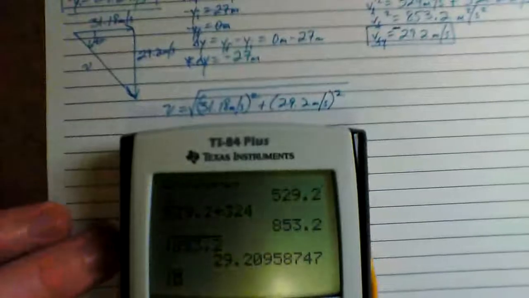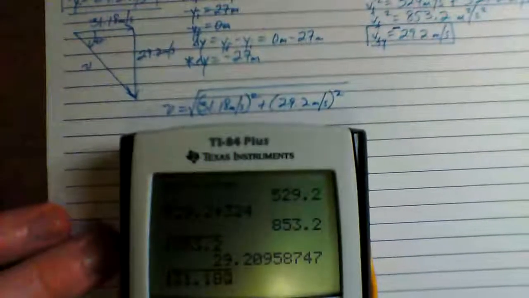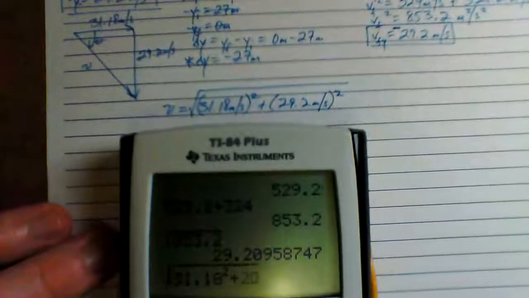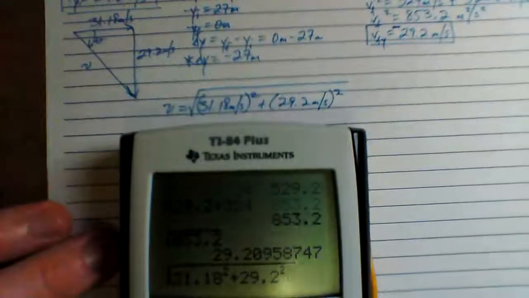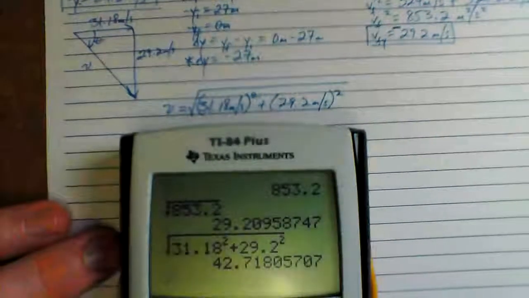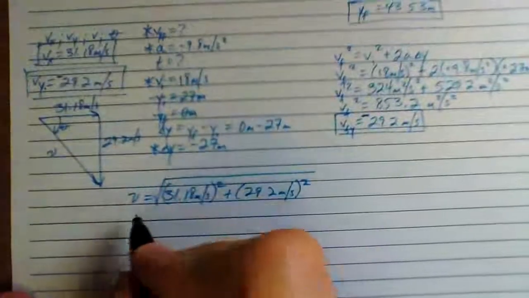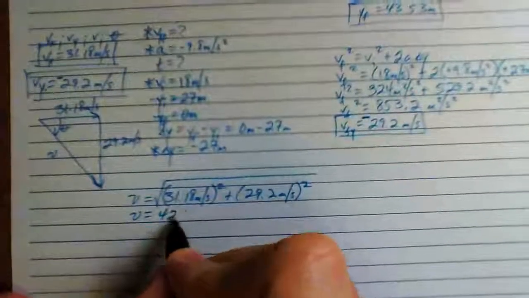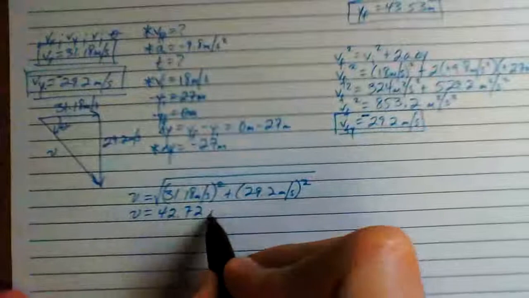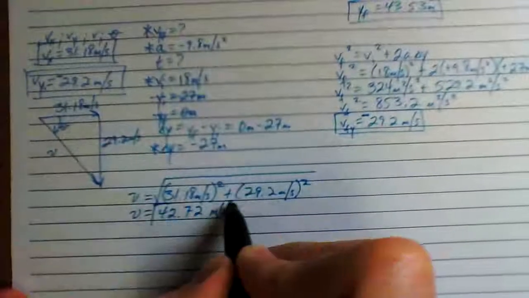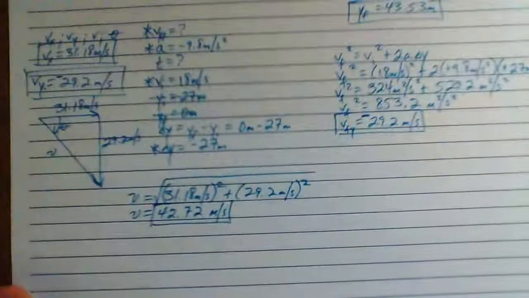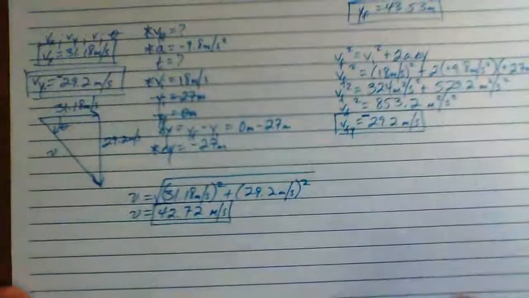Second square root of 31.18 squared plus 29.2 squared. That's going to give me 42.72. So V equals 42.72 meters per second. That is my resultant velocity.